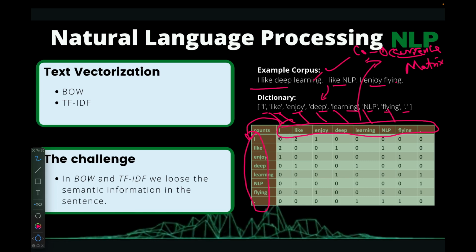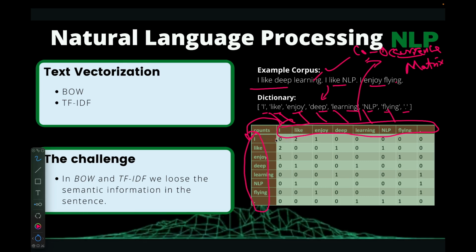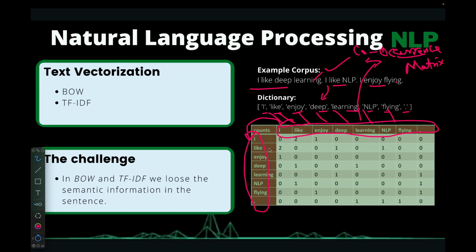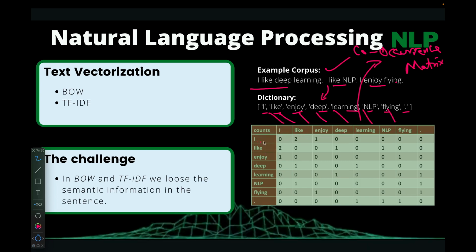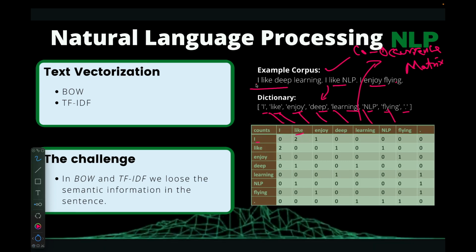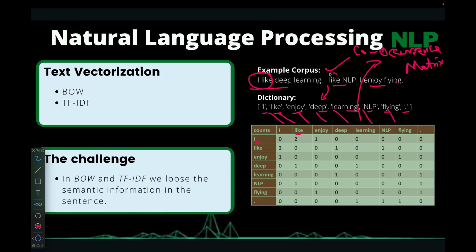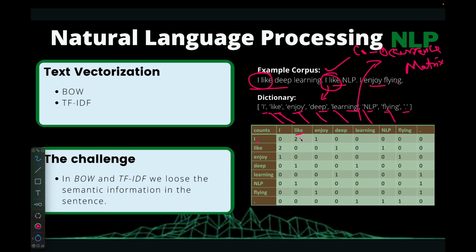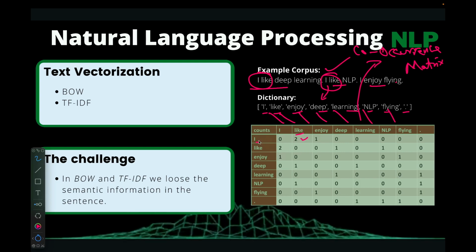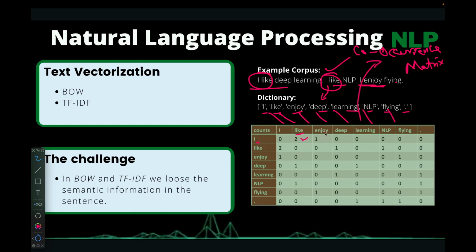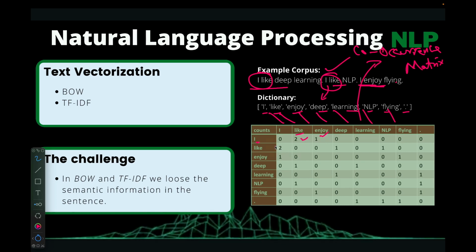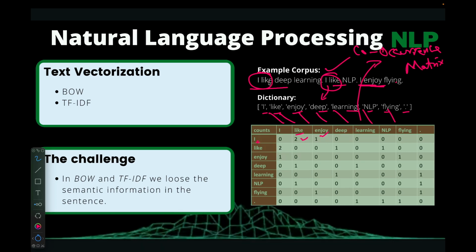The only thing we're trying to do is count how many times "I" and "like" appeared together. We have one occurrence in the first sentence and another in the second, so they appeared 2 times. How many times did "I" and "enjoy" appear? 1 time. "I" and "deep"?